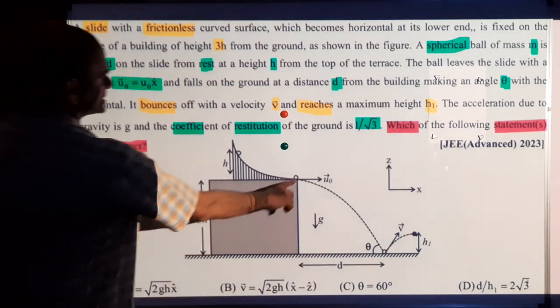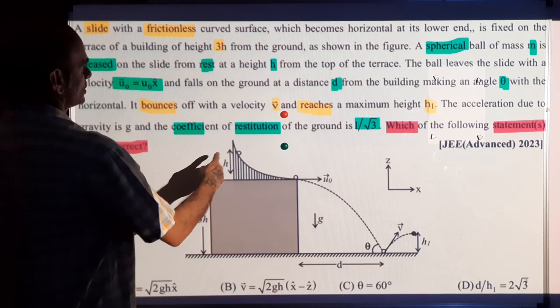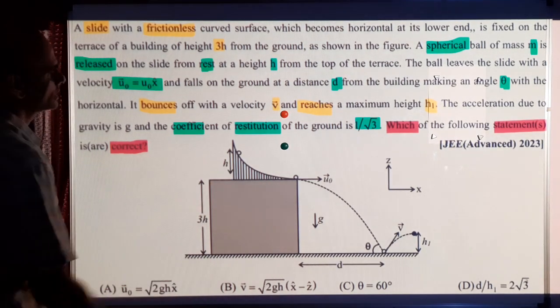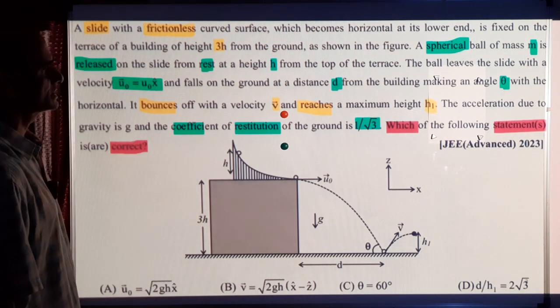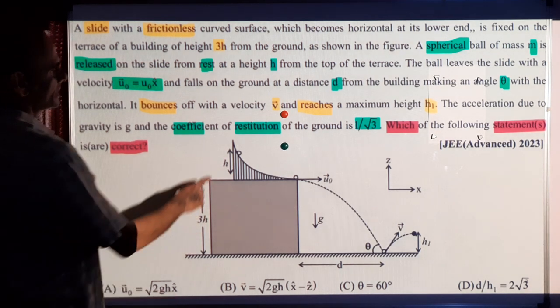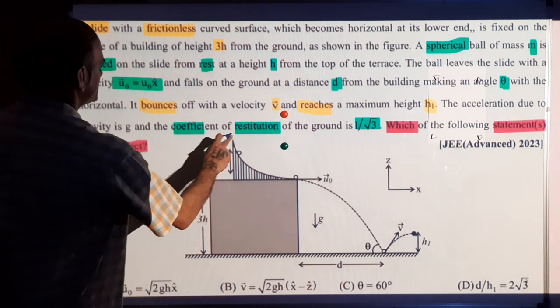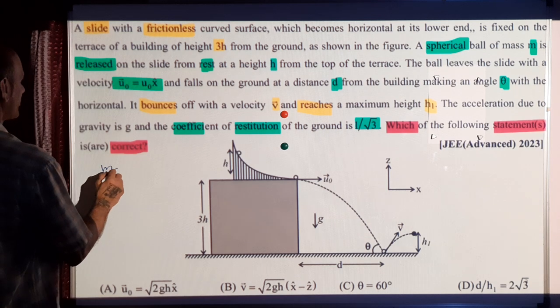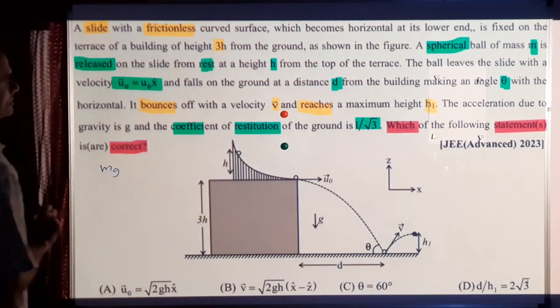So option A, you have to find this velocity. It's a smooth surface and this is a small ball, so there will only be translational kinetic energy. We can neglect rotational kinetic energy. So we can compare the energy at this point to the energy at this point. It's released from rest, so the energy at this point is mgh, taking this as reference for this calculation.